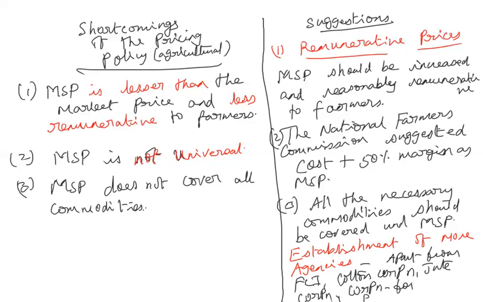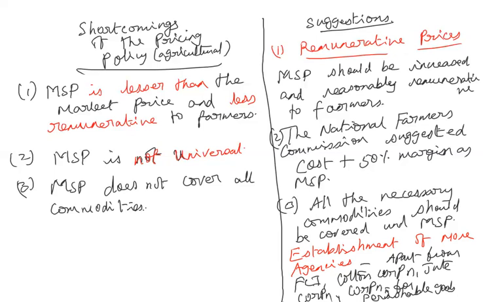If more and more agencies are established, then more and more commodities will be covered under MSP. So that is the suggestion for the shortcoming that MSP does not cover all commodities.